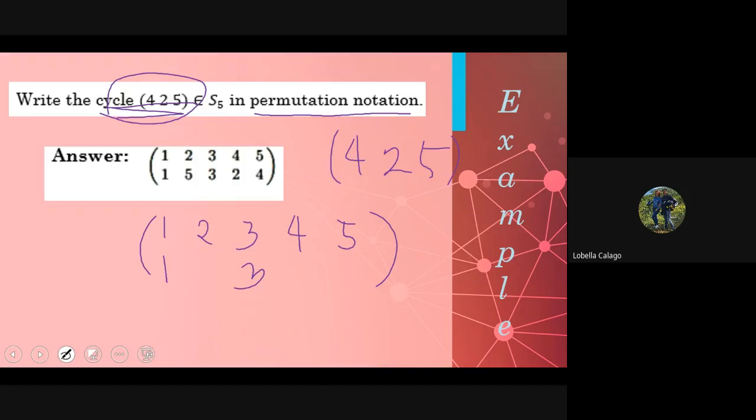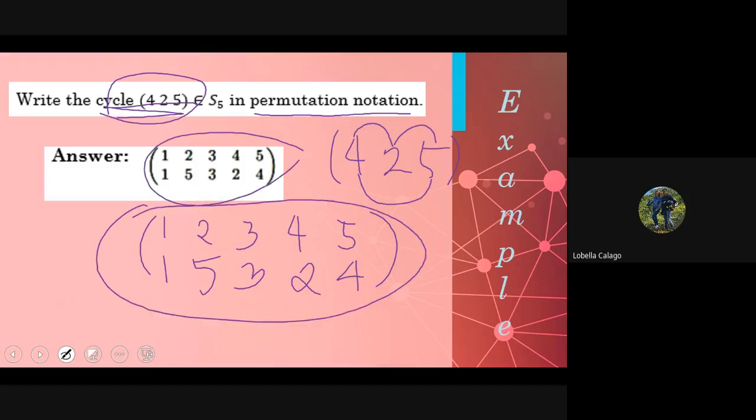So, 4 maps to 2. 2 maps to 5. Ay, sorry. 2 maps to 5 and 5 maps to 4. Pabalik siya uli. So, kaya nangyari yung ganyan. So, nakuha na natin yung permutation notation ni cycle (4 2 5). So, ganun lang po yung pagkuha.